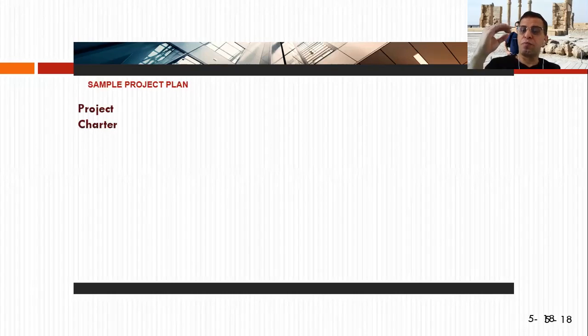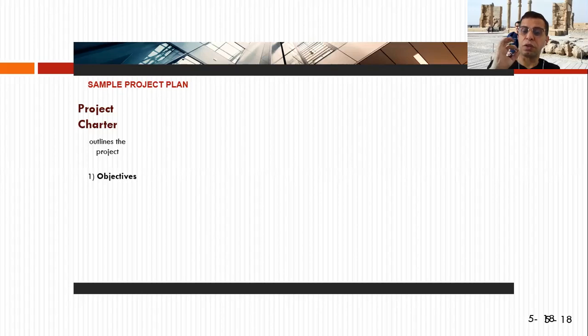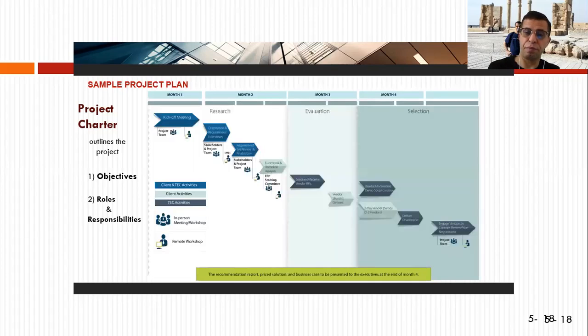So there is a project charter, and you start with outlining the project, and you do the objectives, and then you divide the roles and responsibilities. And then you set up a plan, which is also a project management plan. You divide the tasks, and within the tasks you do subtasks.